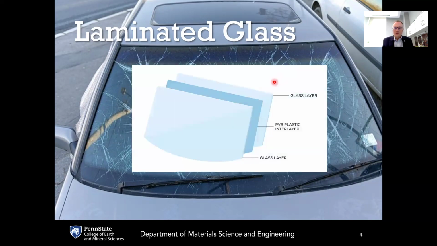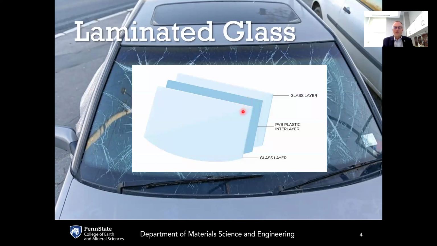And this is because the lamination involves taking two pieces of glass here on either side and then having an interlayer that is made from a polymer, which is usually PVB, polyvinyl butyral. This is a very sticky type of polymer, and it has a very strong adhesion to the glass layers.